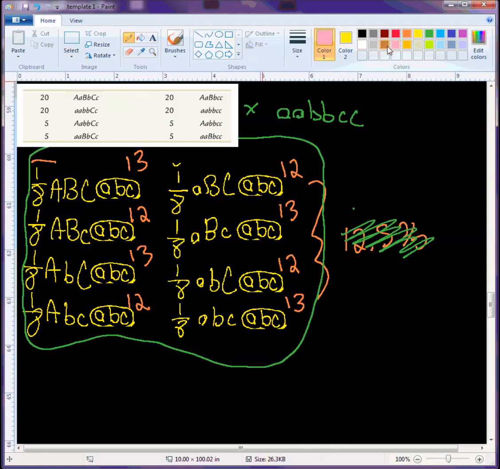How about pink? Let's try pink. Okay, so 20 are going to be heterozygous here. So let's see if we can find the heterozygous. Okay, right here. So we should see 20 of these. That's a 20. And 20 are homozygous recessive for A and B, and heterozygous for C. So let's see if we can find those. Heterozygous for C.